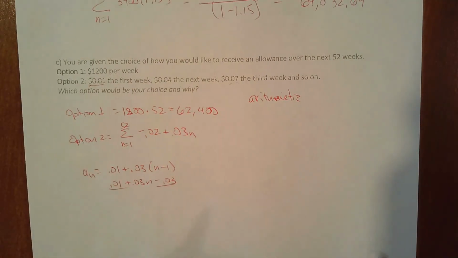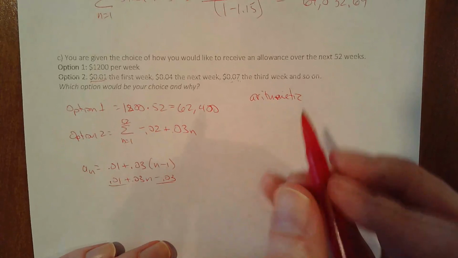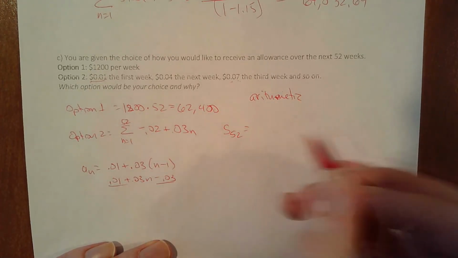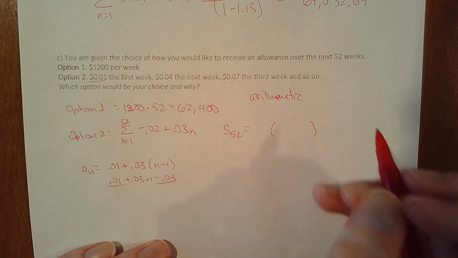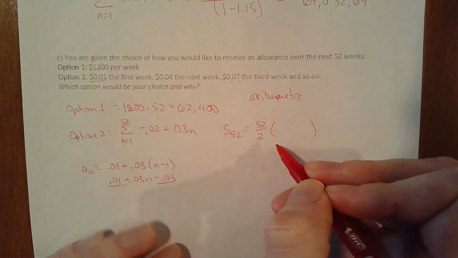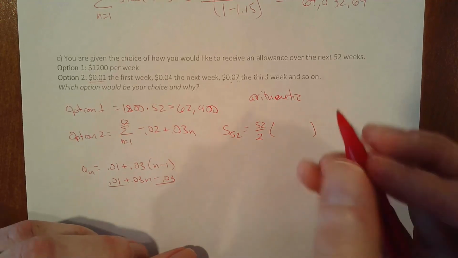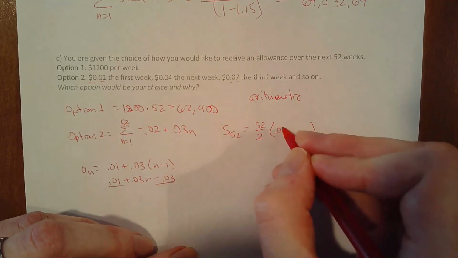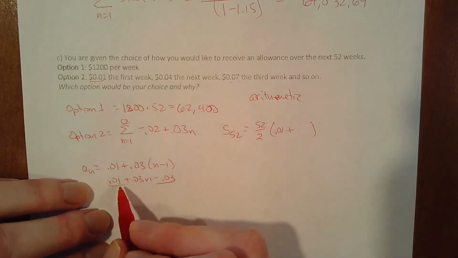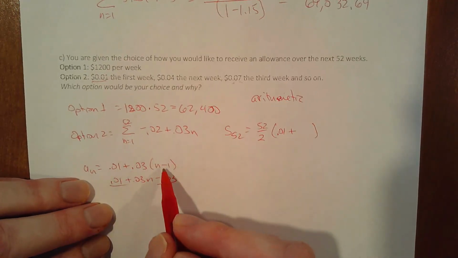Now, if you remember your formula, the sum of those 52 is the first term plus the last term times the number of pairs you have. If there's 52 terms divided by 2, there's 26 pairs of these. The first term is 0.01, and the last term is what you'd get if you plugged in 52 here.